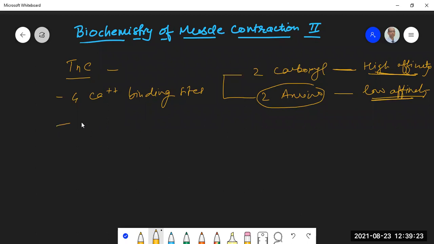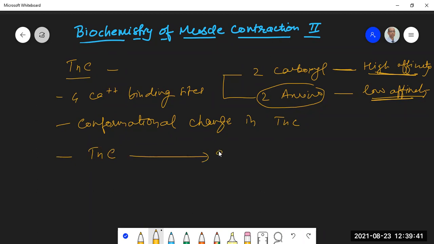And when all 4 sites are filled, it brings about a conformational change in TnC. The change in conformation of TnC is then transmitted to the other subunits of troponin, and from there to tropomyosin.